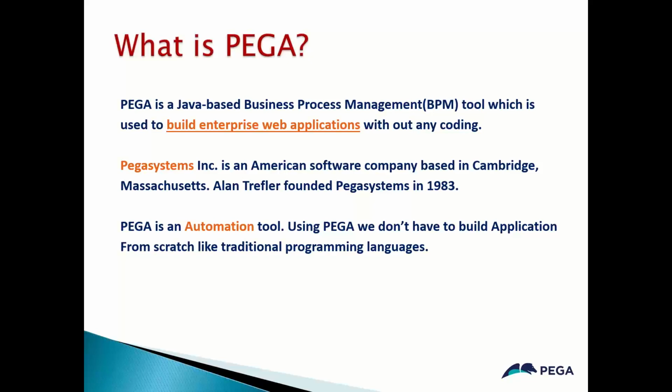Initially it was a middleware functionality. Pega is a completely American-based company, but they started their operations in India after 2000. Nowadays the Pega market is widely available in every country: US, UK, Canada, India, Australia, Singapore, Malaysia, Germany, and other European countries.